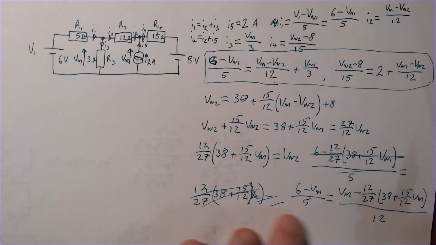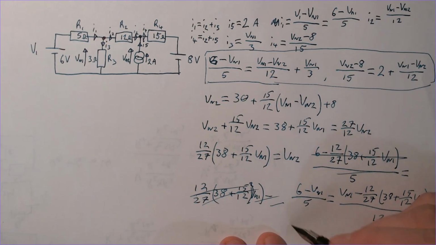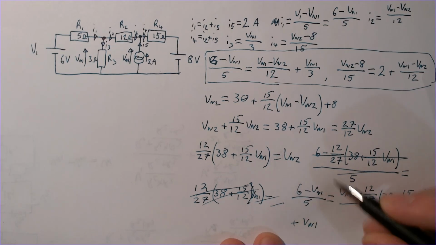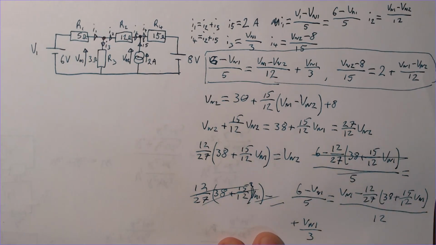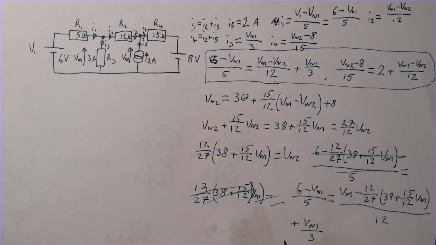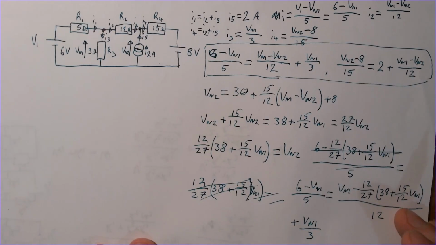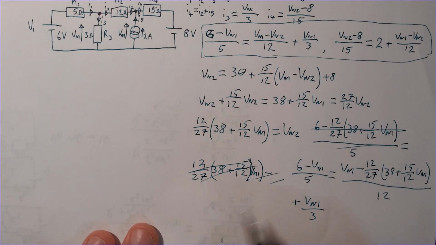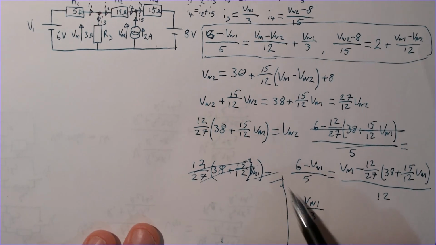That could go over there, plus Vn1 over 3. So I want to move all the Vn1s to one side. So let's do that in this space here.